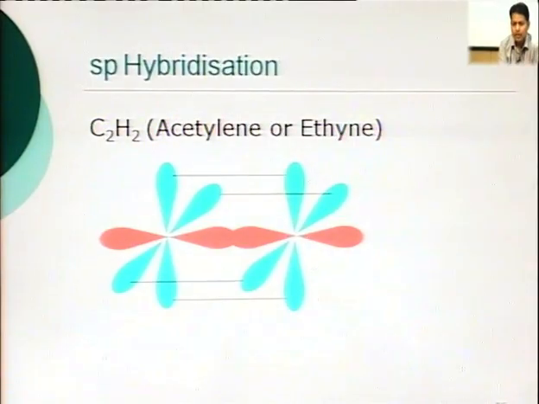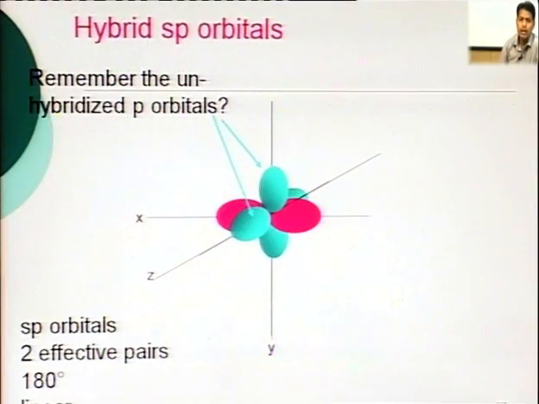So, one carbon with orange orbitals are hybrid orbitals, they are intermixing with each other. They are overlapping with each other and forming a sigma bond. The 4 unhybrid orbitals of 2 carbons overlap each other sideways and form 2 pi bonds.